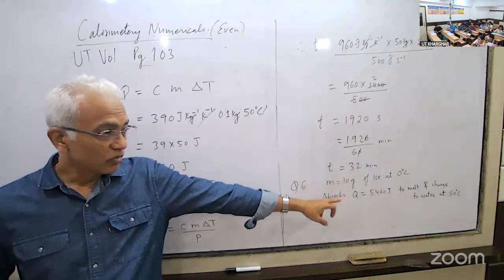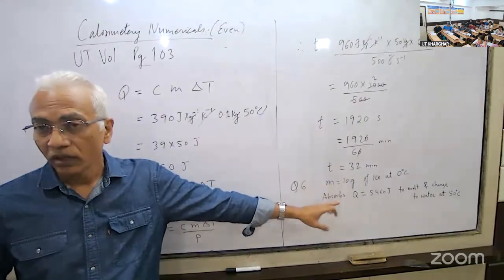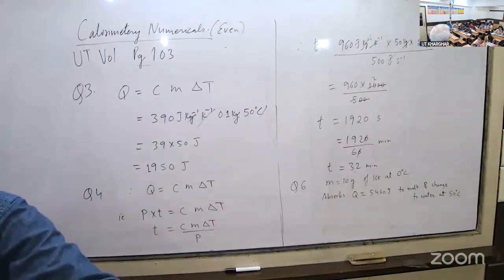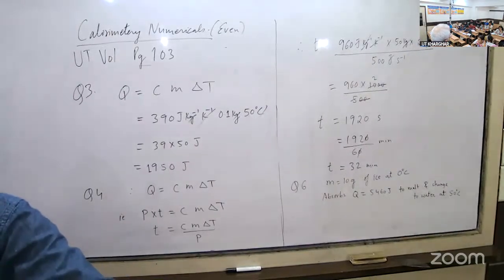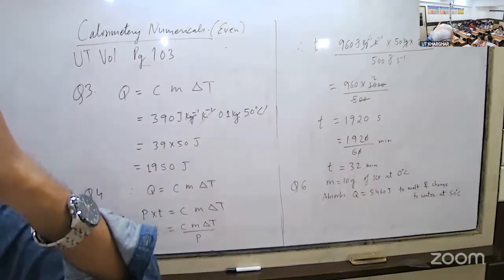It is absorbing 5460 joules. And what is it doing? First the ice is melting into water at 0 degree. Then the temperature of water is rising to 50 degrees Celsius.